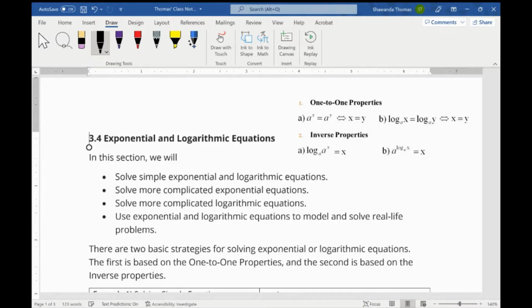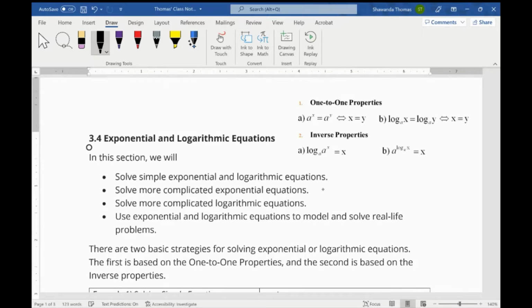Or in other words, if you have something raised to a log with that same base, you can cancel that out too. I put a cancel mark through that, and then your answer is just what's in that position.